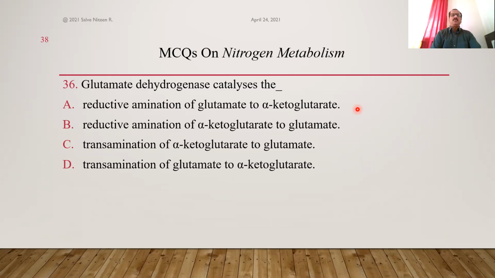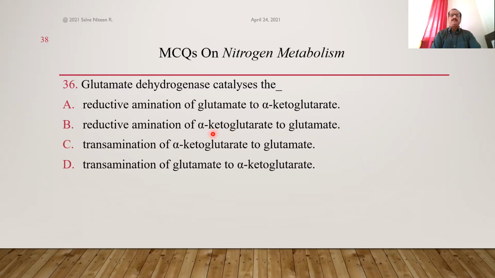For example, alpha ketoglutarate is the keto acid which, when it gets ammonia or ammonium, forms an amino acid. And then in the presence of the enzyme glutamate dehydrogenase, it forms glutamic acid or glutamate.